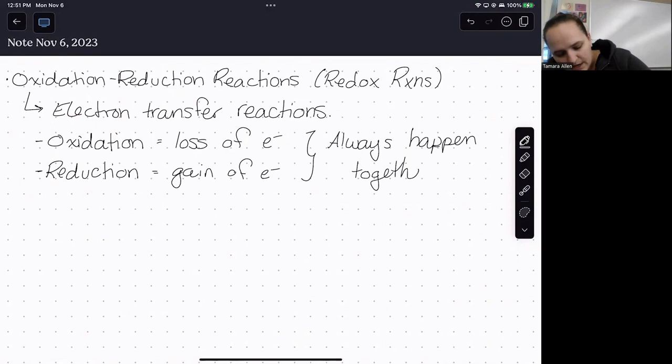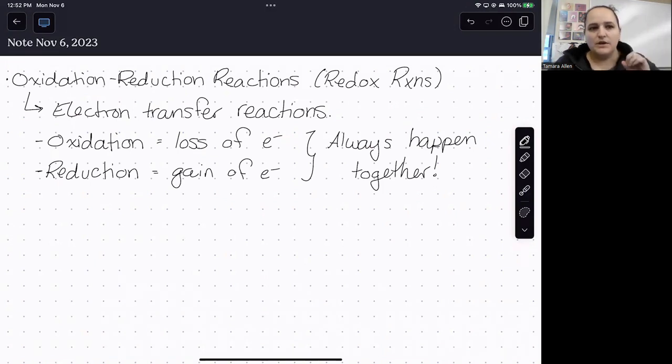Electrons want to be attached to an atom. They do not want to be floating around by themselves, generally speaking. So if one thing loses electrons, they're going to go somewhere and be gained by something else. When something is oxidized, something else is being reduced, and hence we have oxidation-reduction, or redox for short, because these two things always have to happen together.